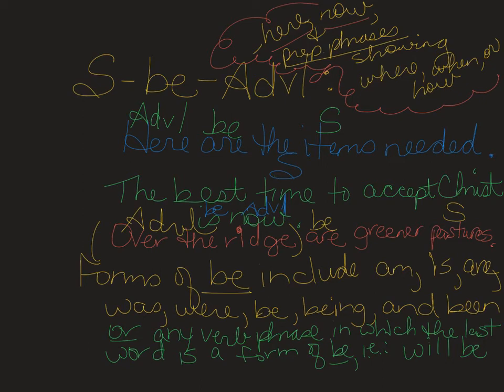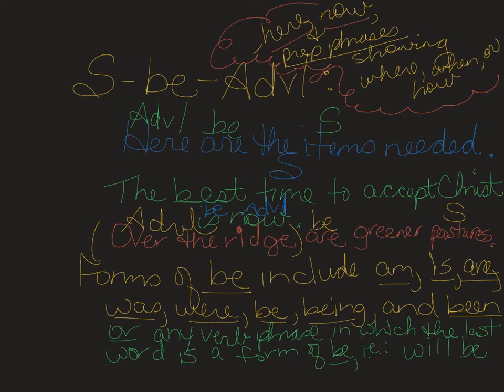All of the verbs in this pattern will be a form of be. And if you look at the bottom of the page here, where we start with the yellow writing again, where it says forms of be include these words: am, is, are, was, were, be, being, and been, or any verb phrase in which the last word in the verb phrase is a form of be.